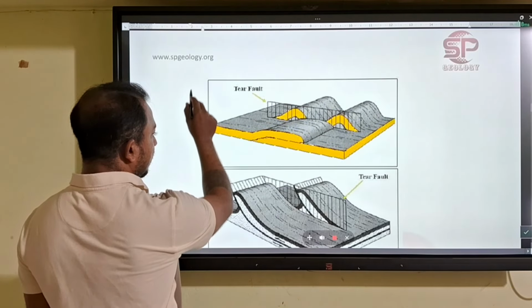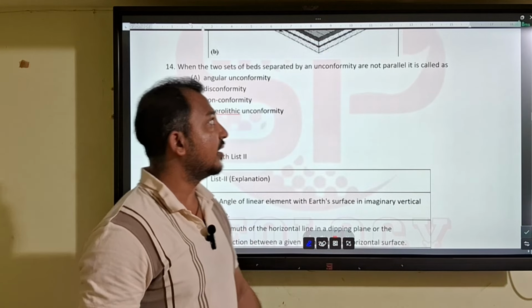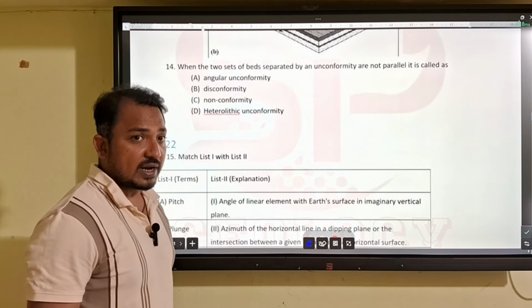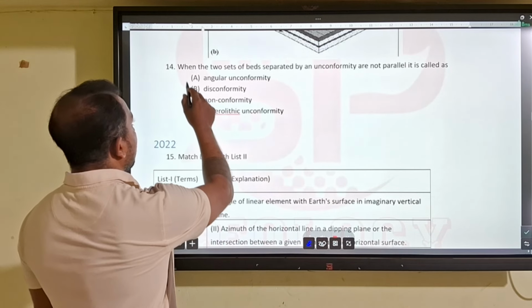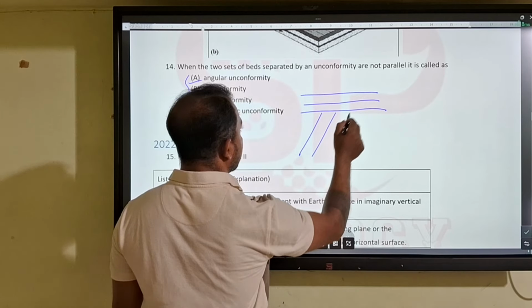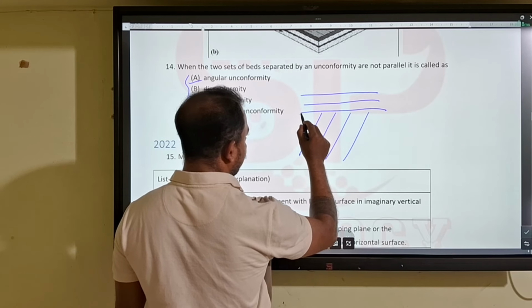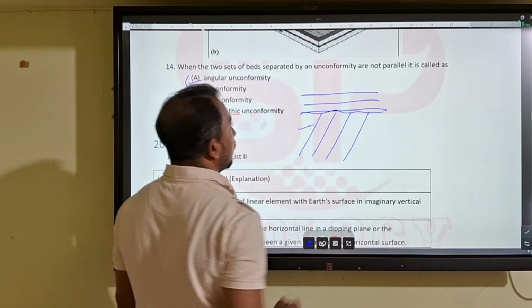Next, when two sets of beds separated by an unconformity are not parallel, it is called your... There are different types of unconformity given here. One is angular unconformity, where horizontal beds are deposited against inclined beds.